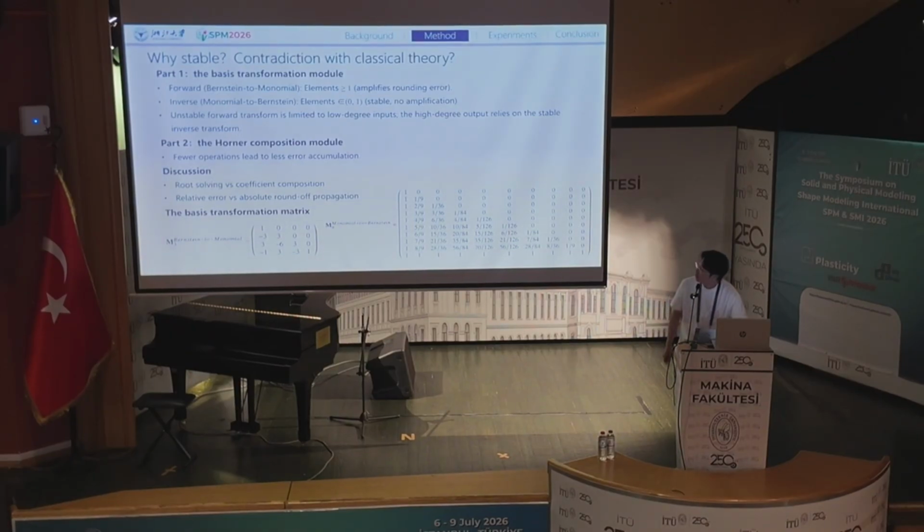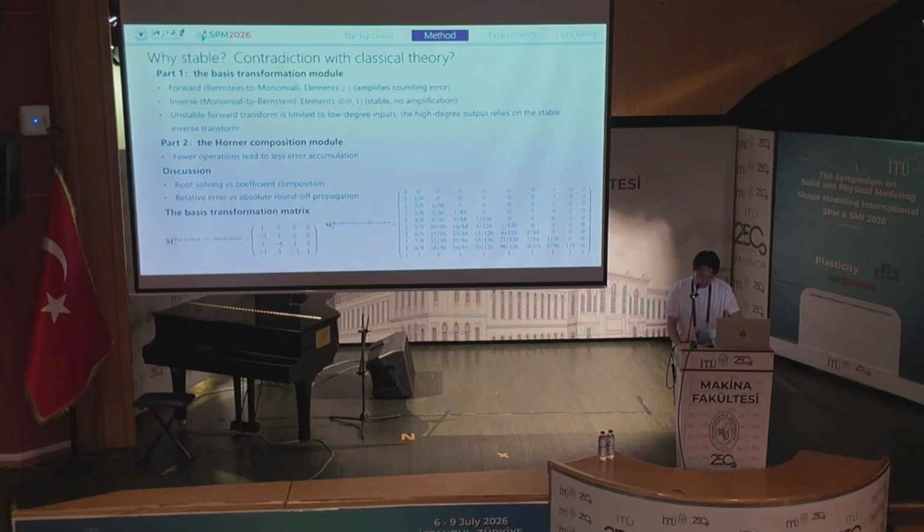You can look at the two matrices. Because composition uniquely takes low degree input and yields high degree output, the risky forward transformation is strictly limited to low degrees, while the high degree inverse transformation remains stable.